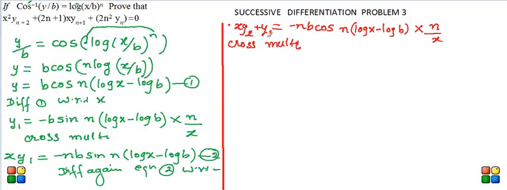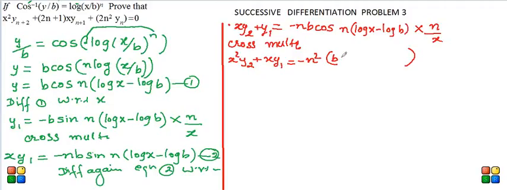This x goes to this side, it becomes x square y2 plus x y1 is equal to minus n into n is n square, that is minus n square, and whatever remaining is, as a fixed standard rule, equation 1, that is b cos n log x minus log b. So this is nothing but y.